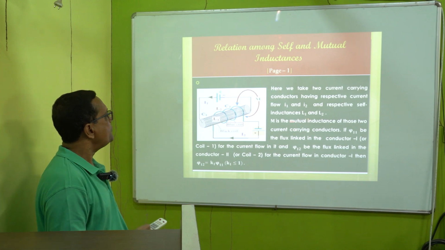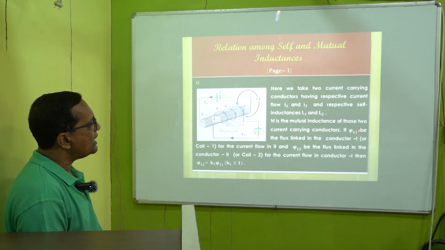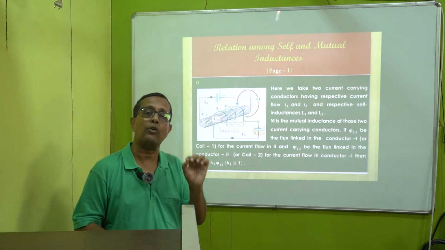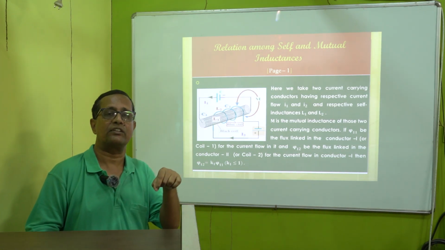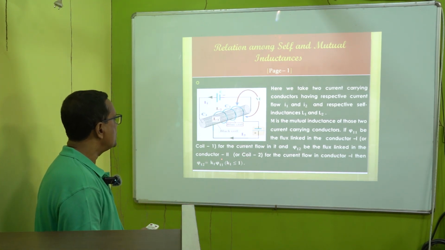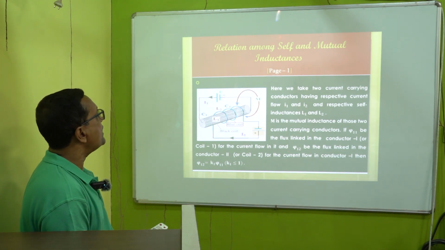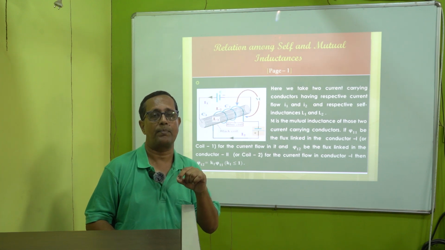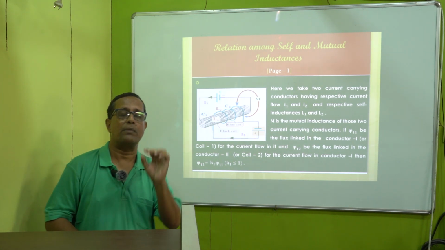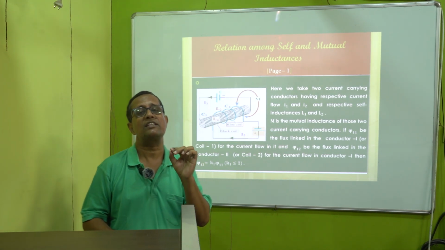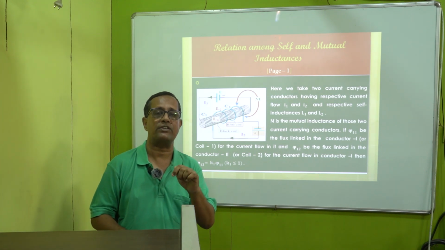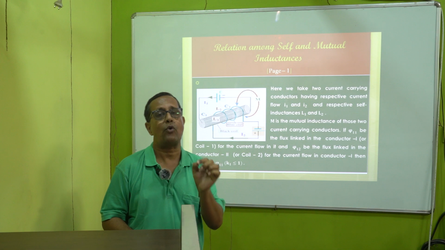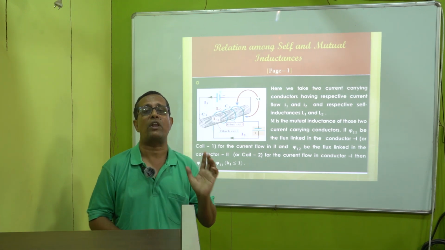Now I will discuss the relation between these self and mutual inductances. Consider that phi 11 is the magnetic flux linked in coil C1 due to the current flowing in it, and phi 12 is the magnetic flux linked in coil C2 due to the current flowing in coil C1.